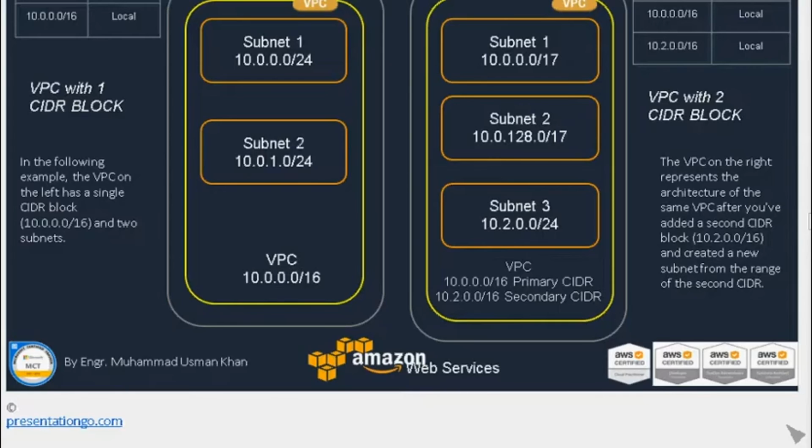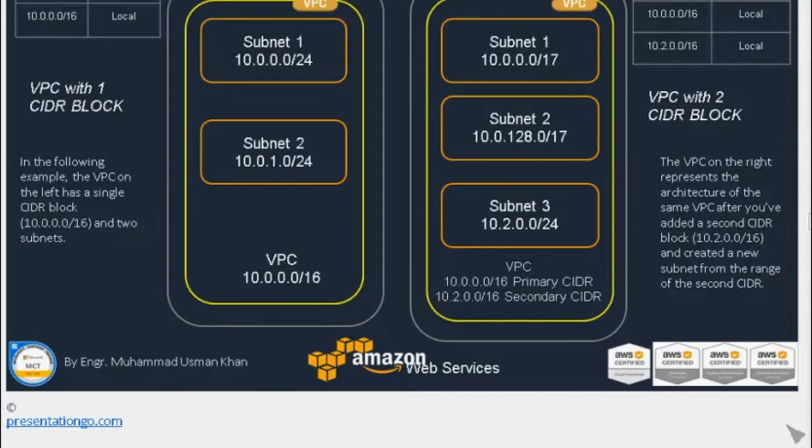As you can see, VPC 1 has the subnet 10.0.0.0/16 and VPC 2 has the same subnet 10.0.0.0/16. In the following example, the VPC on the left has a single CIDR block and 2 subnets, just like this. This is the CIDR block 10.0.0.0/16, and these are the appropriate subnets in the specific VPC.